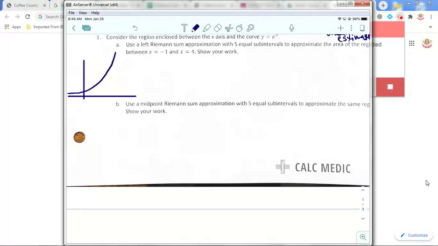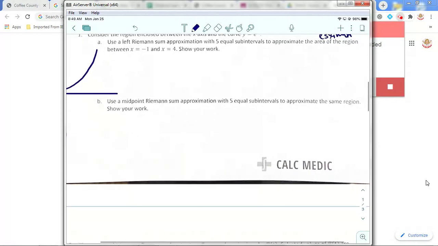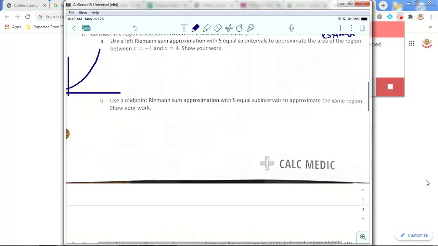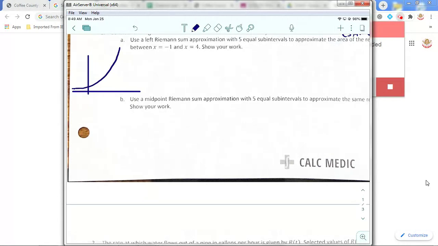Now we want to approximate the area under the region between -1 and 4. So this one, it's fairly obvious what the width of each of your rectangles is going to be, but I'm still going to go through the process because sometimes it's not obvious.